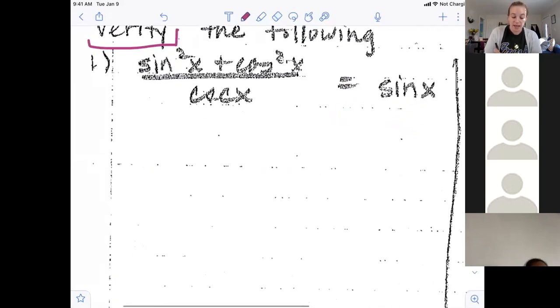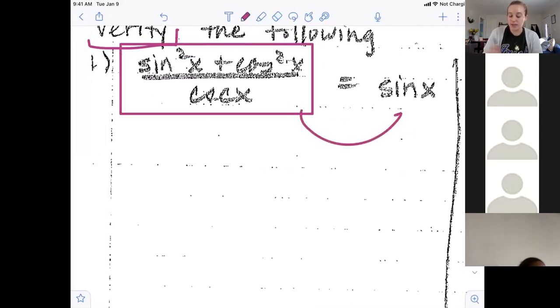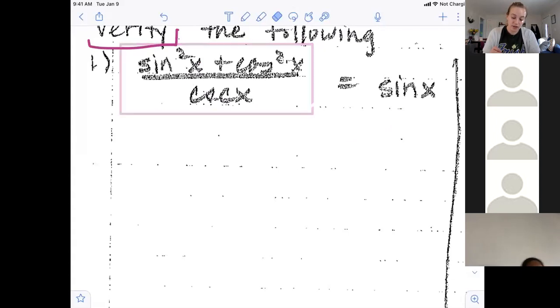So I'm going to take the most complicated side, and in this case, it's the left-hand side. I'm going to get the most complicated side to equal the simplest side. And when I see that they're the same, I'm going to say, check mark, good, I'm done. So if I start on this first one, I've got sine squared x plus cosine squared x over cosecant x. A good first step might be to make cosecant x in terms of sine.